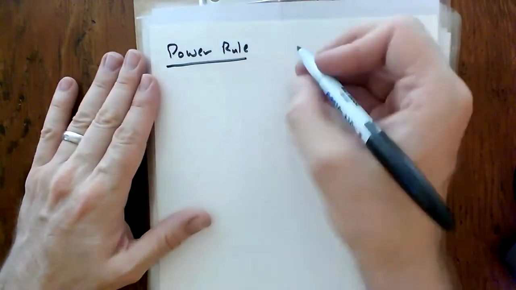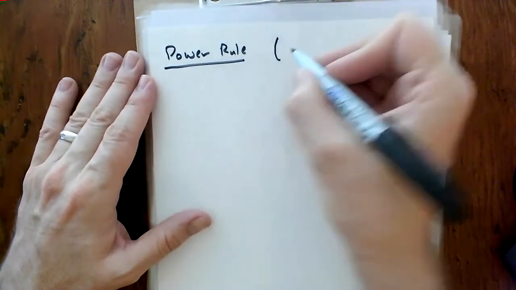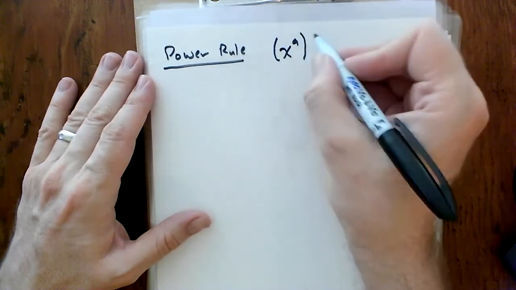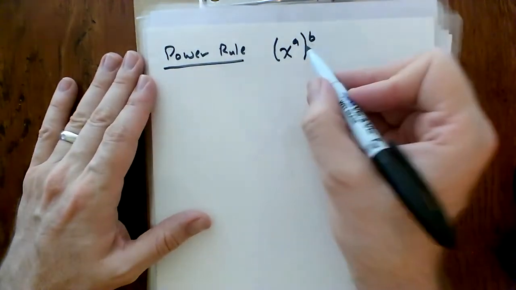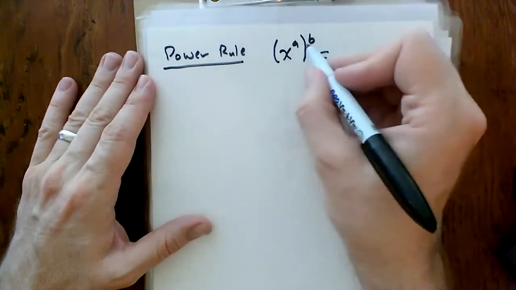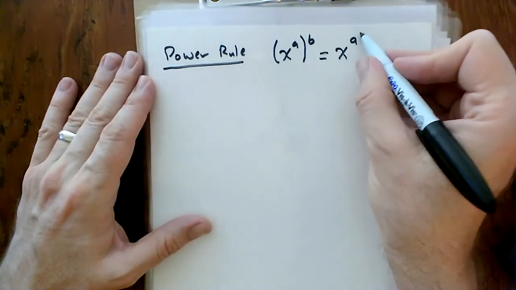And the power rule, we're only stating our base one time, but this is where we have a power to a power. So here, if I've got x to the a inside a set of parentheses to the b, now what's going to happen here is this is where we're going to multiply our exponents. This is x to the a times b.